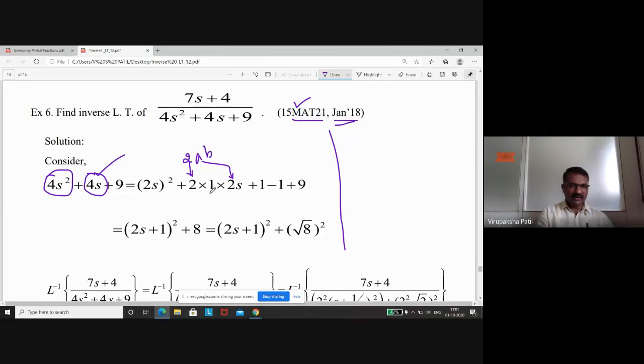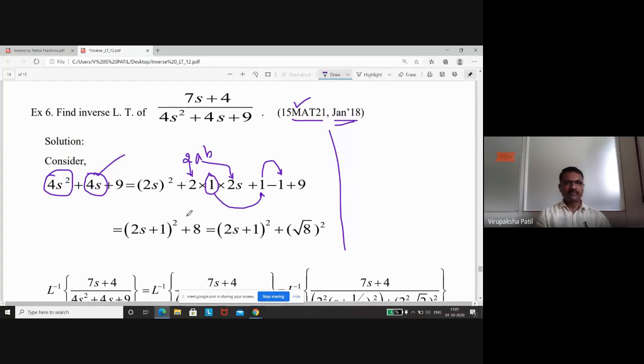You can guess b value as 1. Is that clear? So this 1 square you have to add here, that becomes 1. What you are adding here, 1 square, that is an extra quantity. So you have to subtract that much from this. So adding and subtracting 1 here, plus 9 as it is.